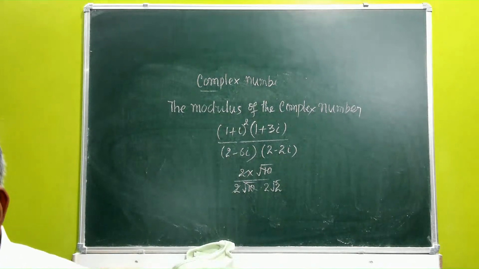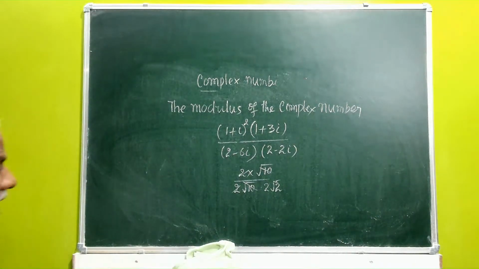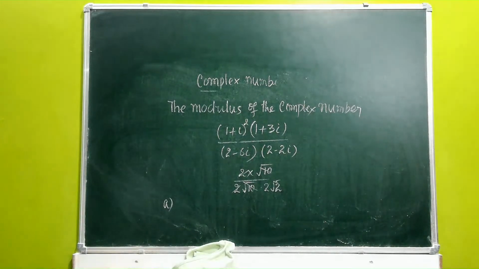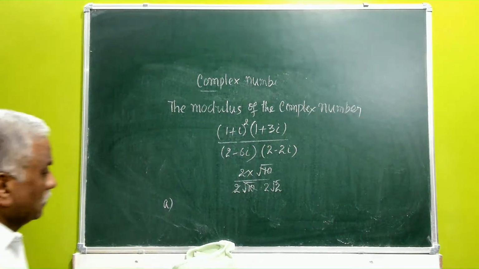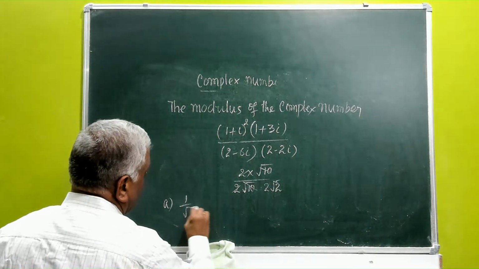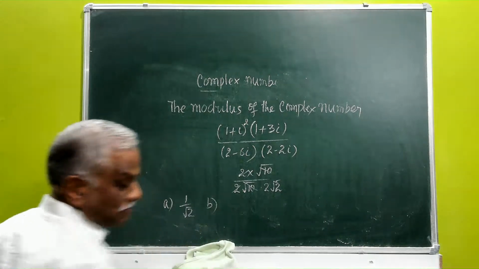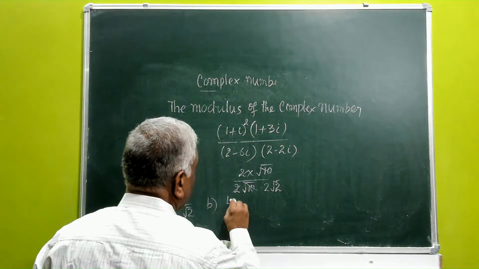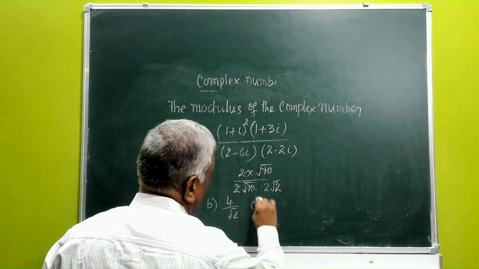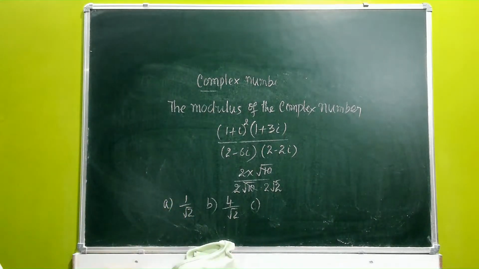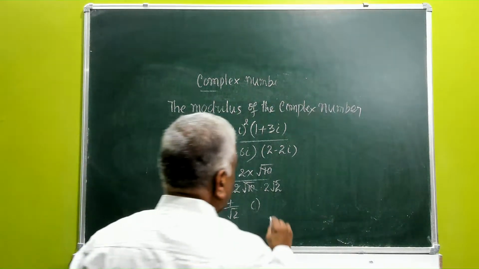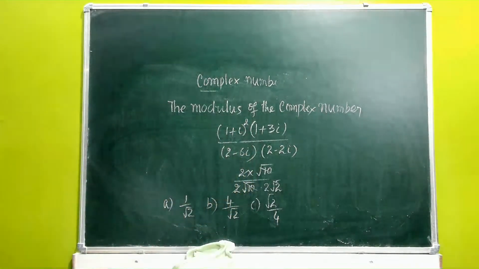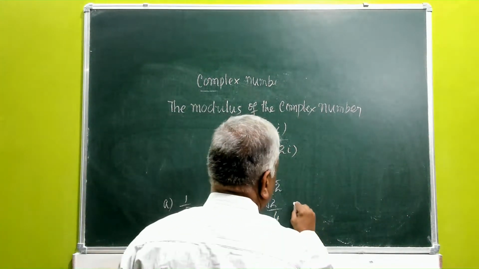See, what happened is, in the answers they have given 1 by root 2, which is the game the examiners play, 4 by root 2, root 2 by 4, and 2 by root 2.